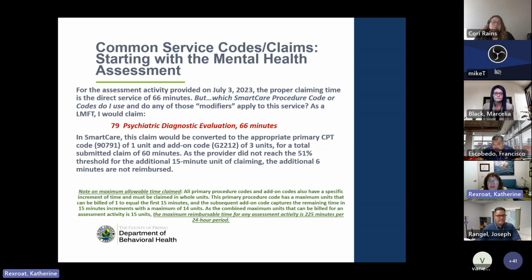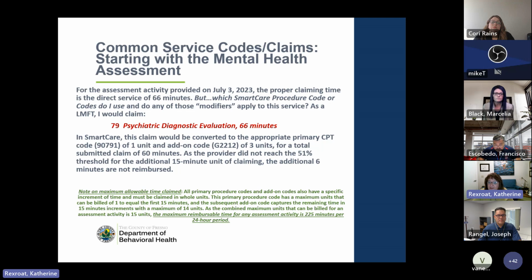And again, note the maximum allowable time claimed. First, I discussed the minimum threshold. Now you must also be mindful of a maximum allowable time claimed. All primary procedure codes and add-on codes also have a specific increment of time and must be claimed in whole units when we enter it into our system.